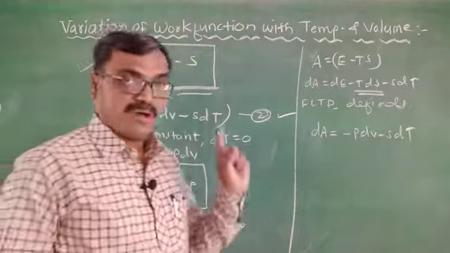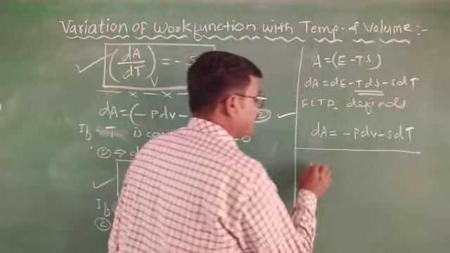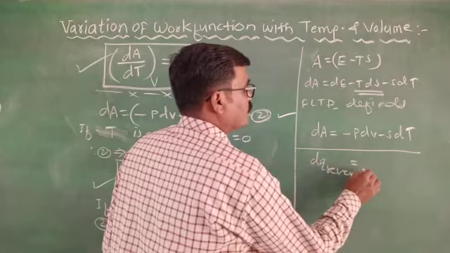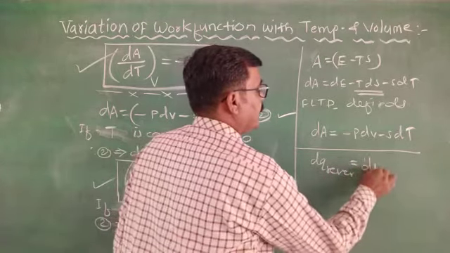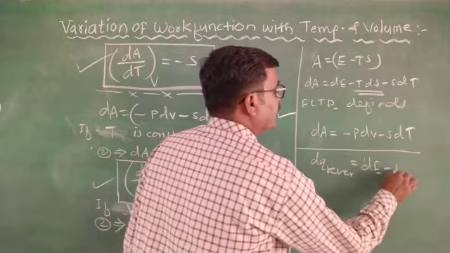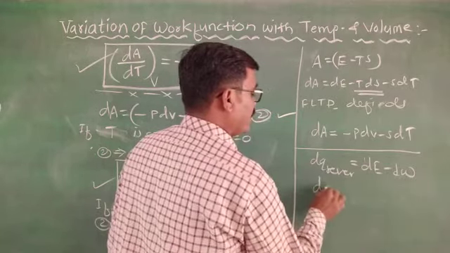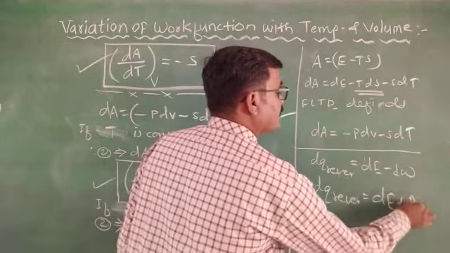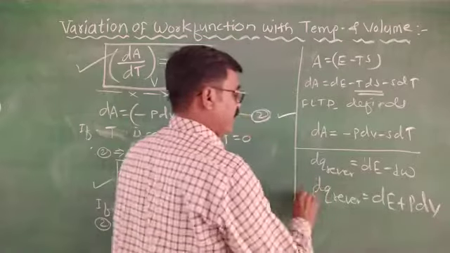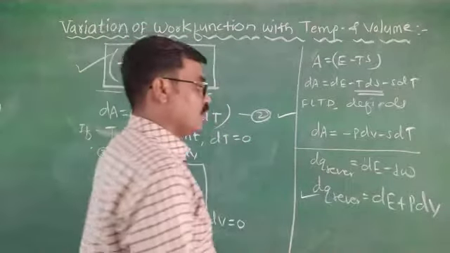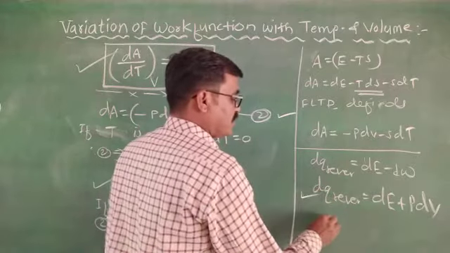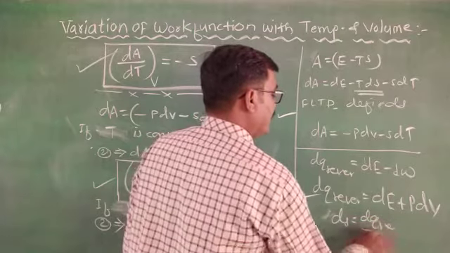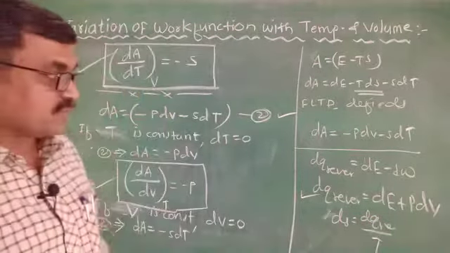This is quite simple. You only must know the first law. What is the first law of thermodynamics? dQ reversible is equal to dE minus dW, or if only work of expansion is there, then dE plus P dV. This is known to you. After this, you know dS is equal to dQ reversible upon T, from the definition only.